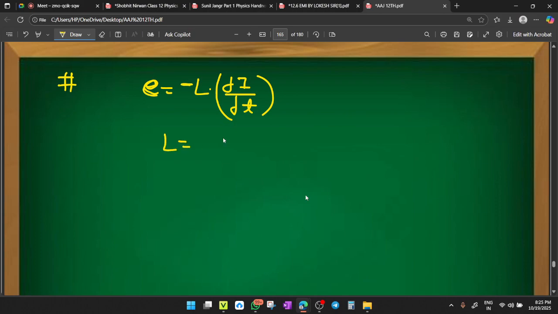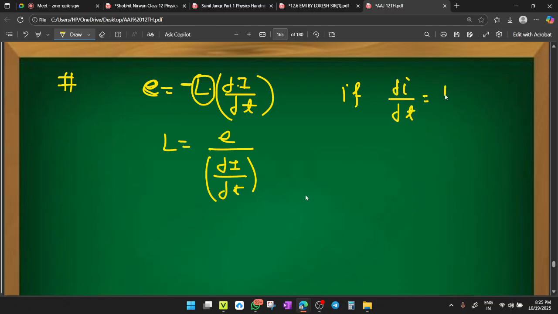So L equals E upon di by dt. If di by dt equals 1 ampere per second, that is, the rate of change of current in the coil is 1 ampere per second, then L equals E upon 1. This means L equals E.